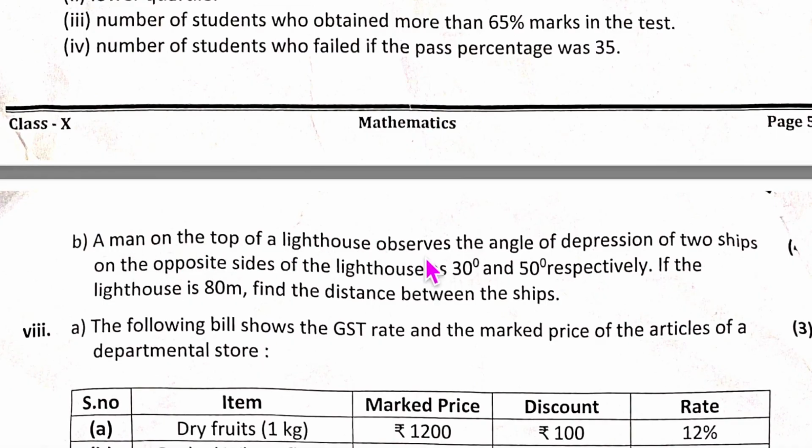B, the man on top of the lighthouse observes the angle of depression of two ships on the opposite sides of the lighthouse as 30 and 50 respectively. The height of the lighthouse is 80. If the height of the lighthouse, no, it should be height. Can I just edit it? I'll just edit it.